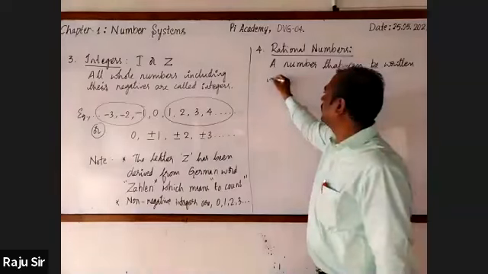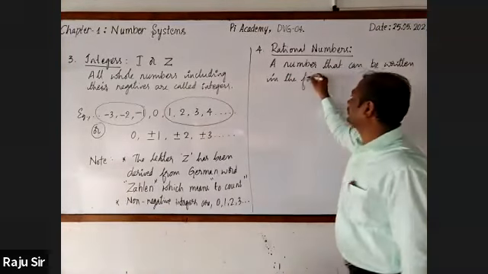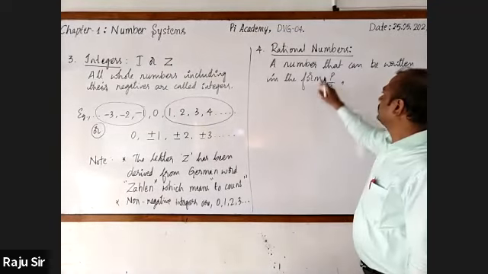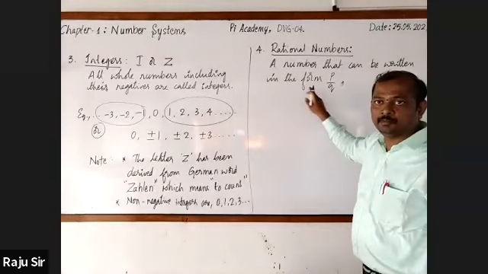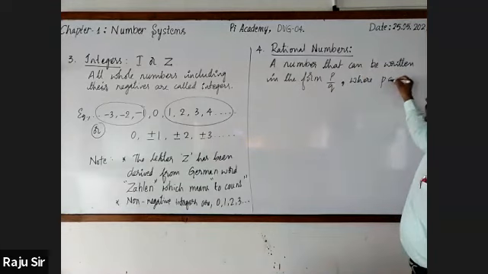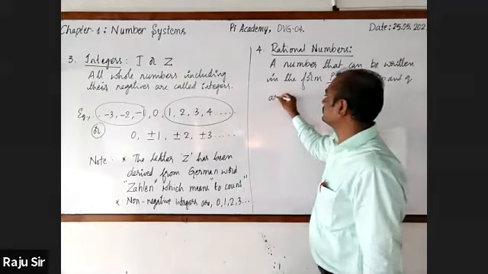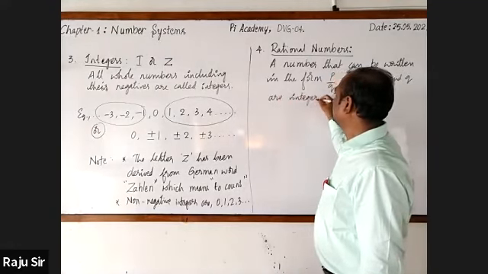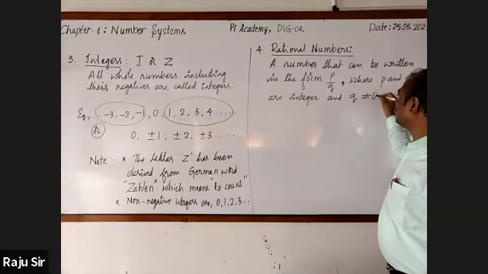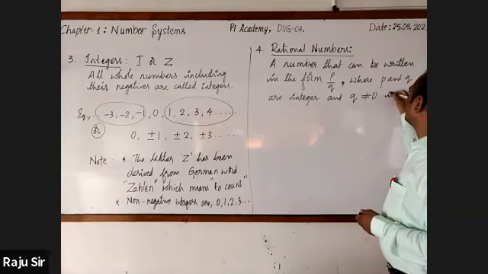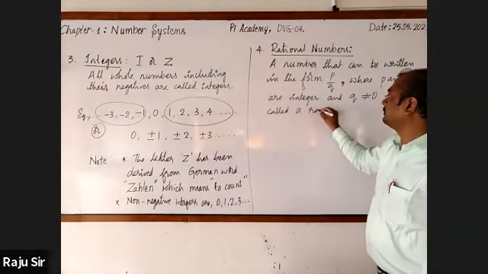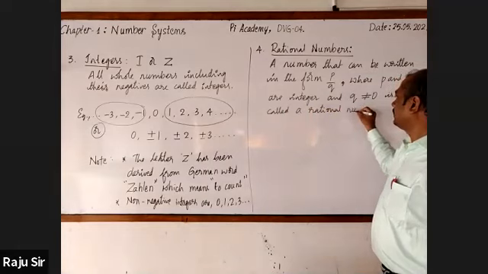A number that can be written in the form P by Q, where P and Q are integers and Q is not equal to 0, is called a rational number.